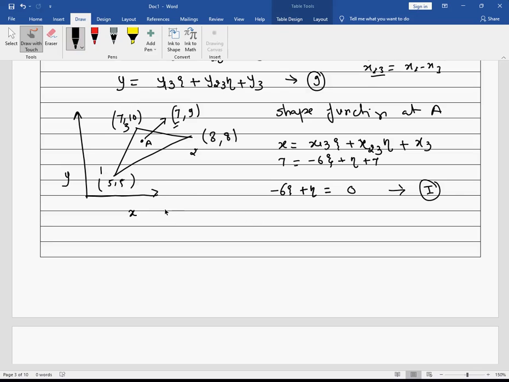So this is my equation, I could label this as equation 1. Then from the second equation, I could write y is equal to y13 zeta plus y23 eta plus y3. And from this y is now 9. So I write 9 here, y13. So y1 is 5, 5 minus 10 is minus 5, y23. Okay, let me check. x13 is minus 2.